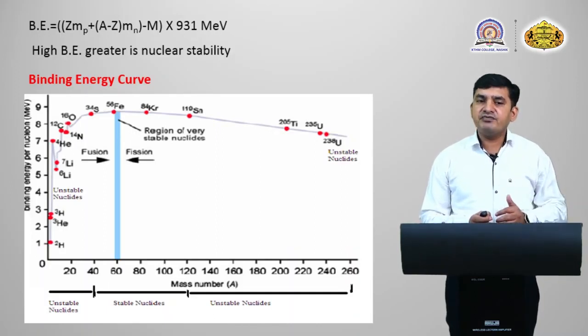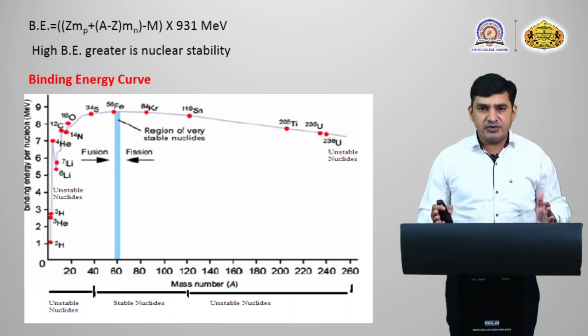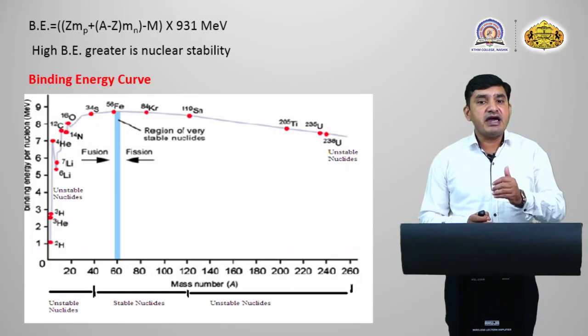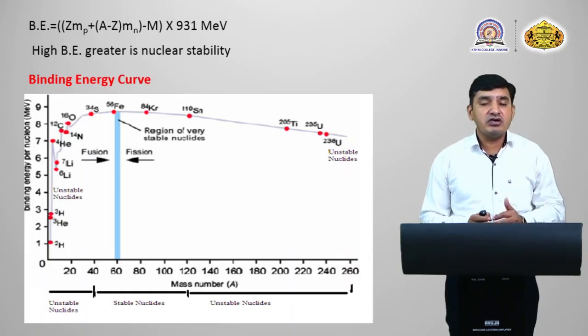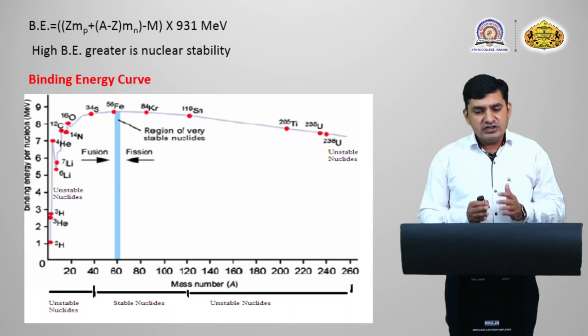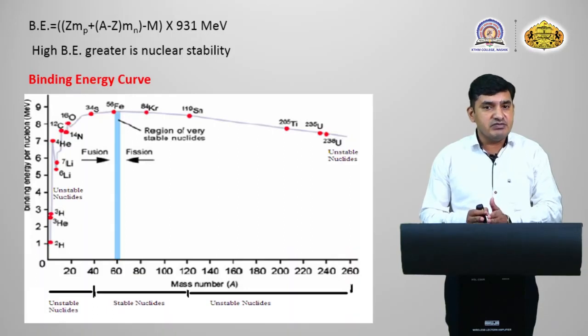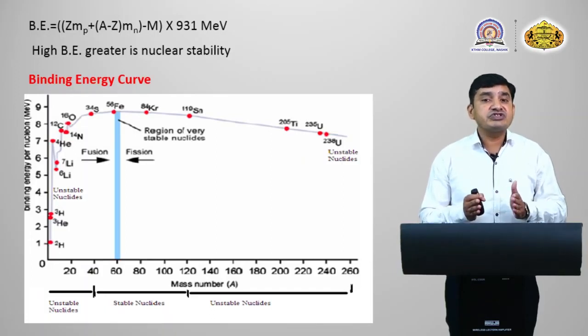After mass number 20, the binding energy per nucleon gradually increases, and it is maximum for iron, Fe. When binding energy per nucleon is maximum, it indicates that the nucleus of iron is more stable.